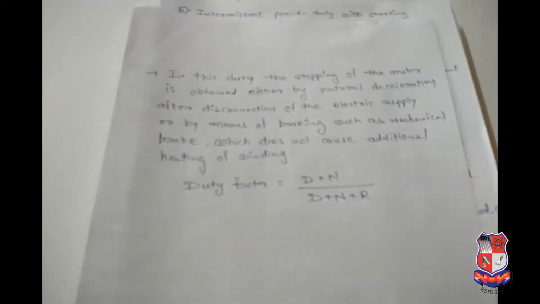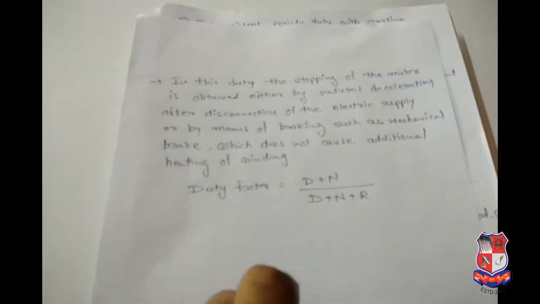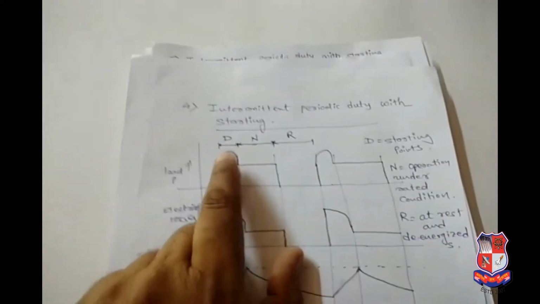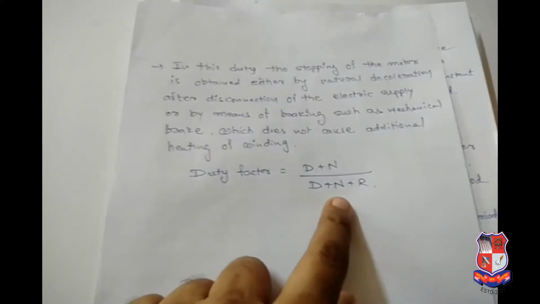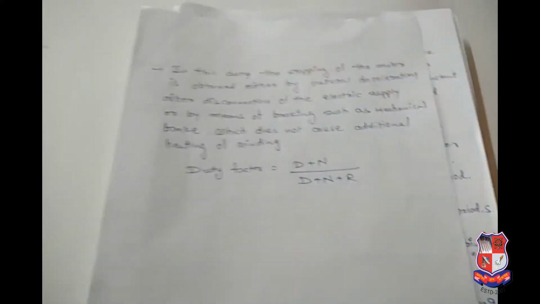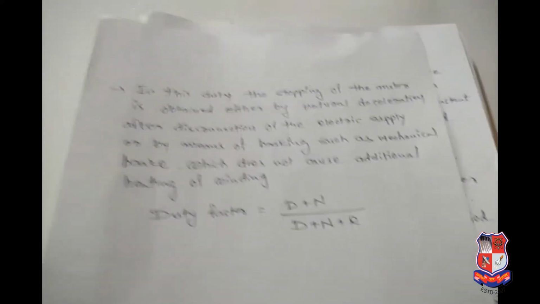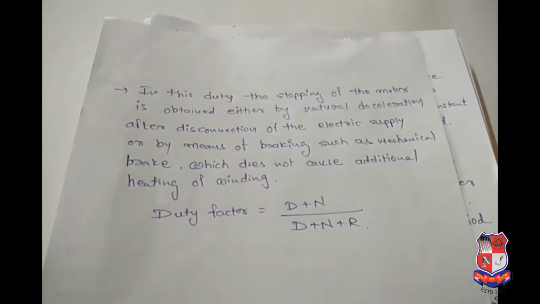In this duty cycle we can also define a duty factor. According to the definition, D plus N is known as the heating period, and the total cycle is D plus N plus R. So the duty factor is D plus N divided by D plus N plus R. In this type of duty cycle, the stopping of the motor is obtained either by natural deceleration or after discontinuance of the electrical supply.